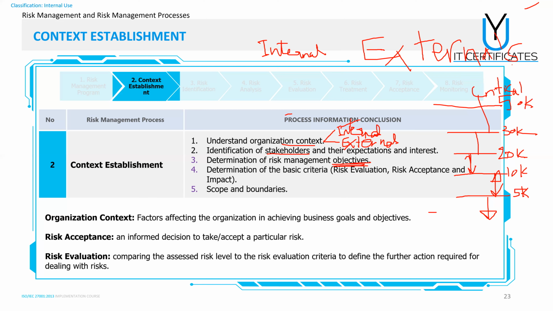These values should come from the risk management program. And again, they will be affected by the organization context, because these values will of course be totally different in an organization which manufactures weapons, for example.